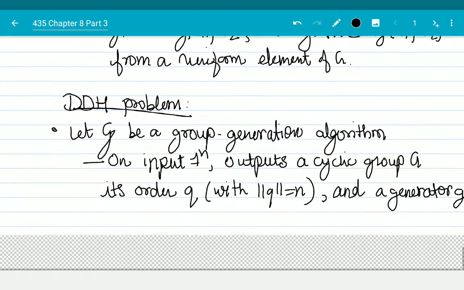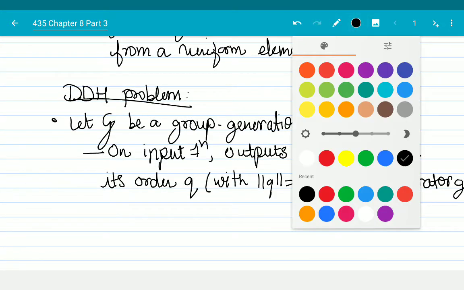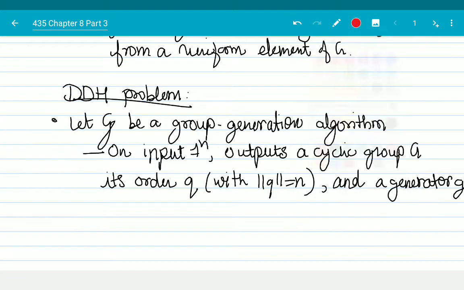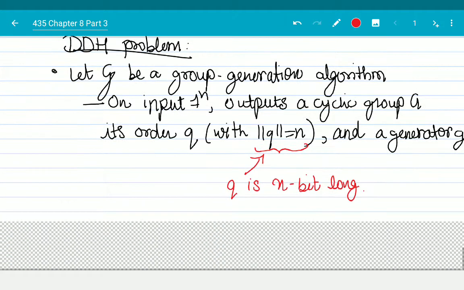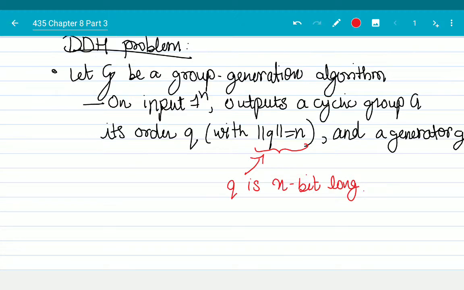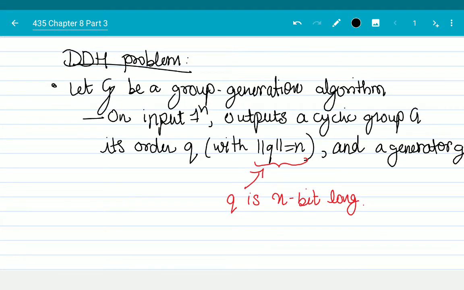Okay. By the way, when I've been saying size of q, this means length of q. q is n bits long. That is what it means. So given an n, q is huge.